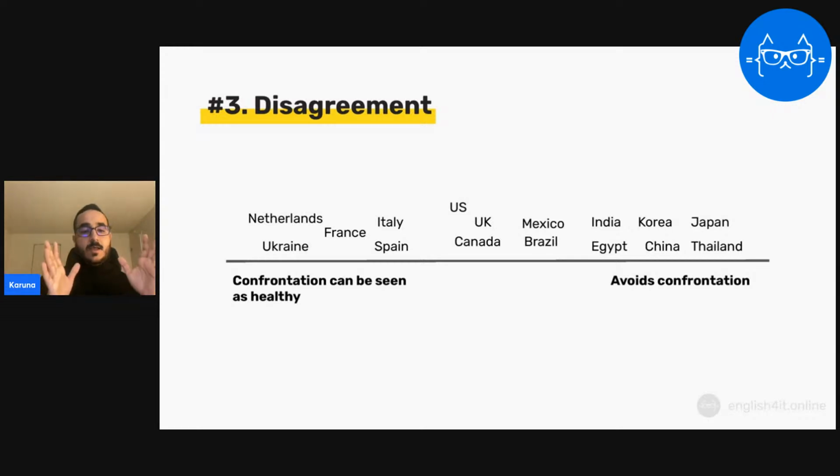But there are countries and cultures where confrontation can be seen as healthy, and I'm not talking about physical confrontation. I'm talking about how we work through our differences and disagreements. And there are countries where confrontation is really avoided. I'm using Malaysia as an example because I grew up there. Malaysia would be very far to the right. We are very non-confrontational, especially in public.